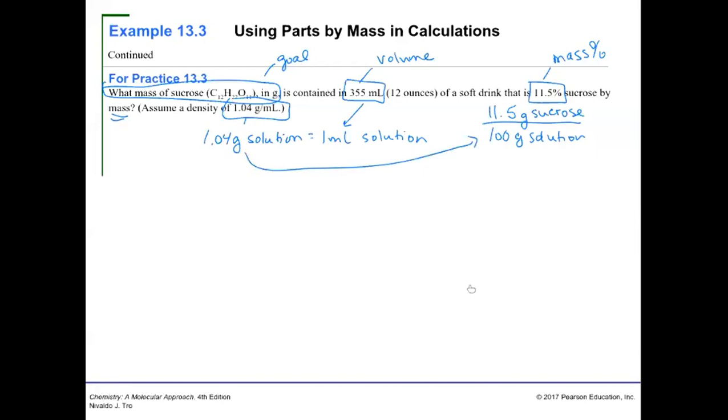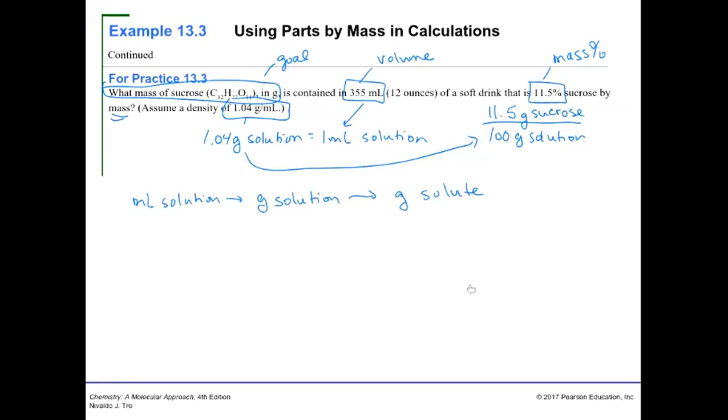So here's our plan: go milliliters solution to grams solution using density. And then we can go from grams of solution to grams of solute, in this case sucrose, using our percentage. So we have our plan.